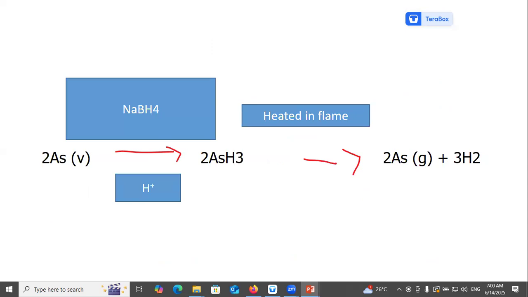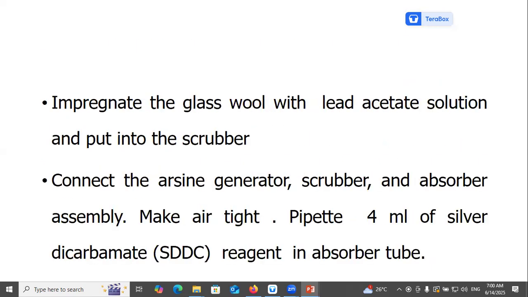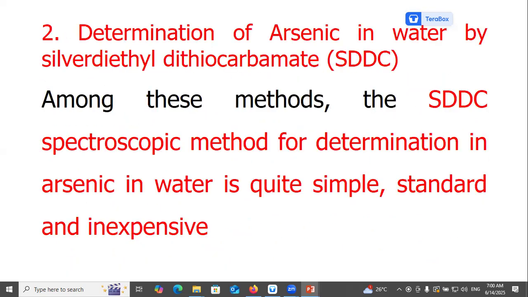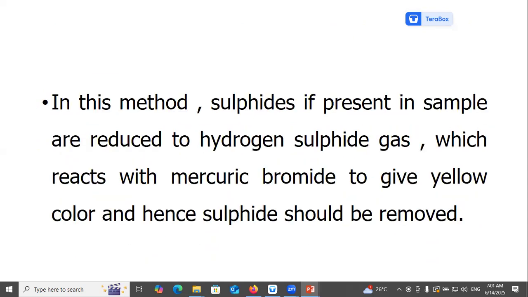Arsenic into arsine. In this way, we can determine the arsenic in water by the SDDC.